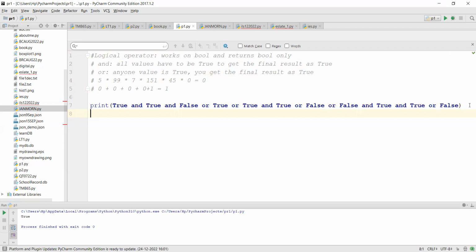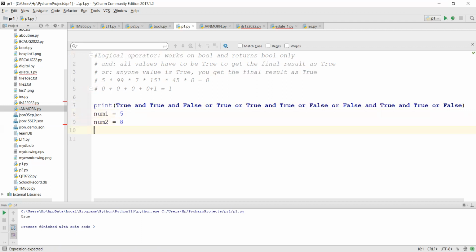Now you can see it in this way. Let's say I put num1 equal to 5, num2 equal to 8, and I say print num1 not equal to num2 and num1 greater than num2 or num1 less than or equal to num2 and num2 greater than or equal to num1 or num2 or num1 and num1 equal to num2 and num1 less than num2.